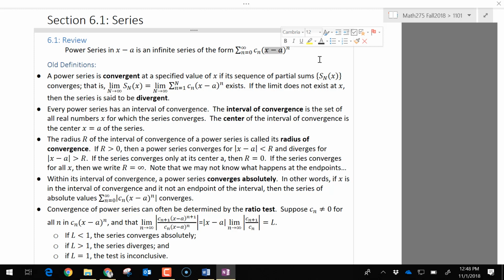It's essentially an infinite linear combination of x minus a to some integer power n, where n goes from 0 (anything with 0 power is 1, so that's just a constant) all the way up to infinity.